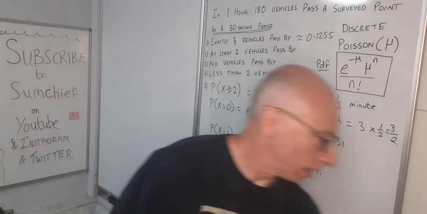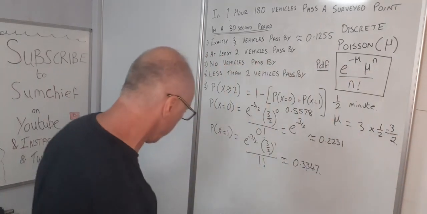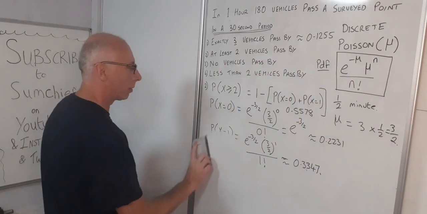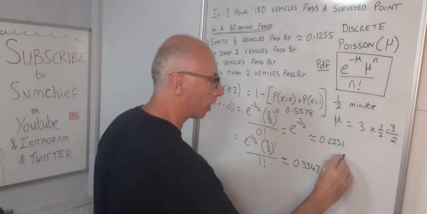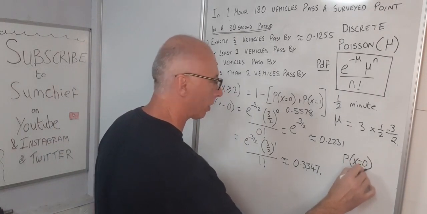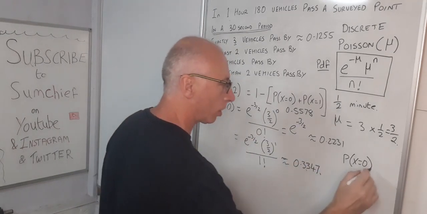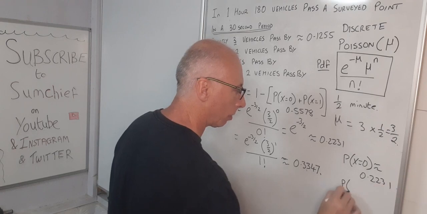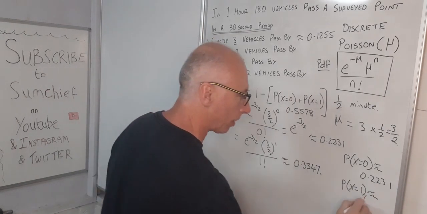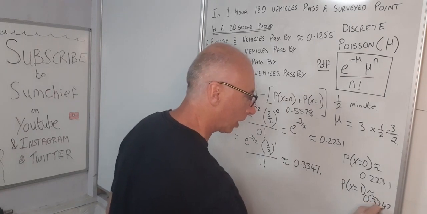Okay, so now we're ready to give our calculation here. So we can take these off the board now. So I'm just going to write these up on the side. Probability x equals 0, 0.2231, and probability x equals 1, 0.3347.